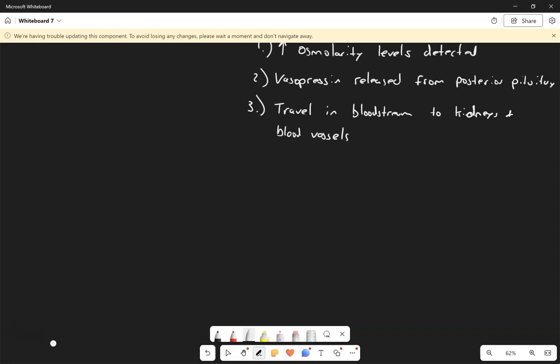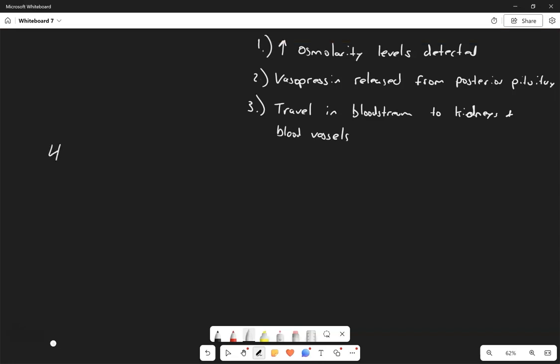So we are going to separate this out into two different components here. We're going to do 4A and 4B. We'll do our blood vessels over here, and we'll do our kidney over here, because there are two different results from two different places.